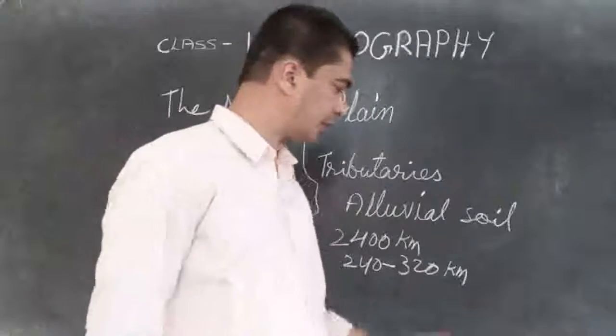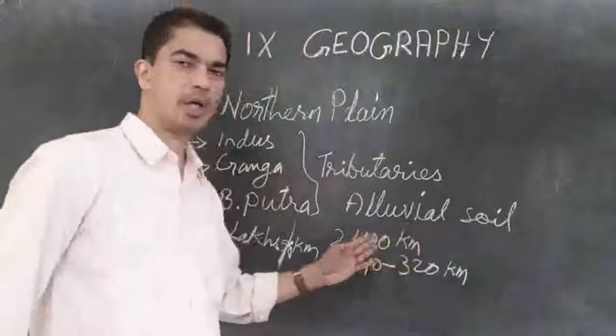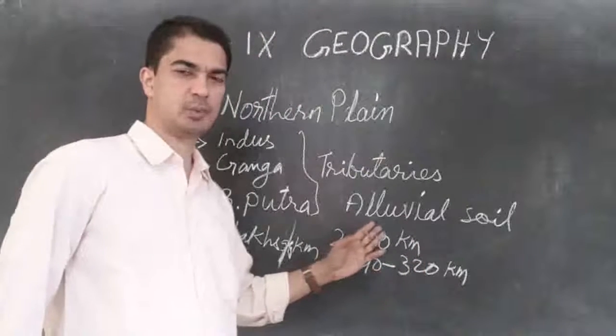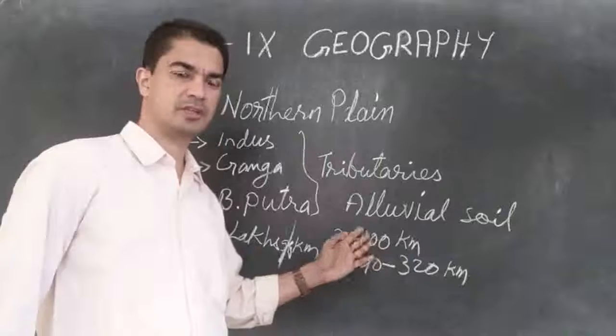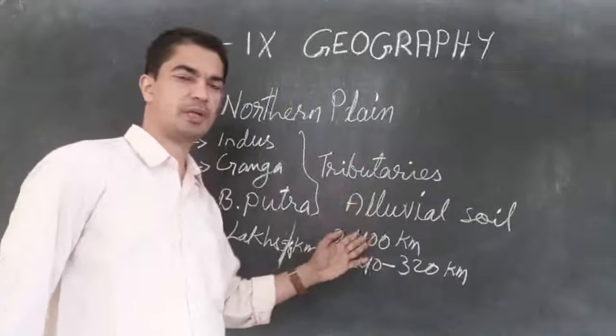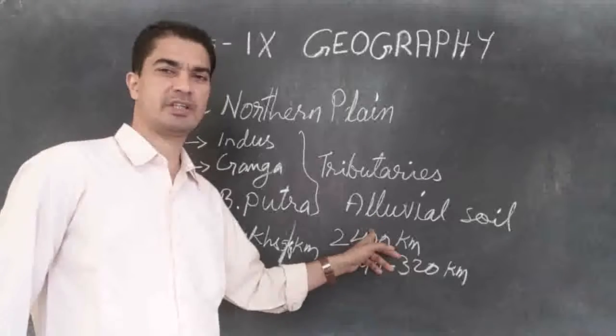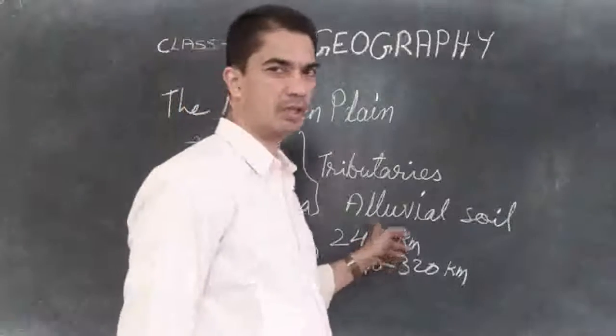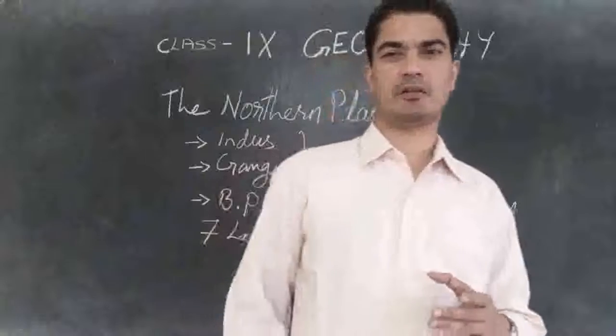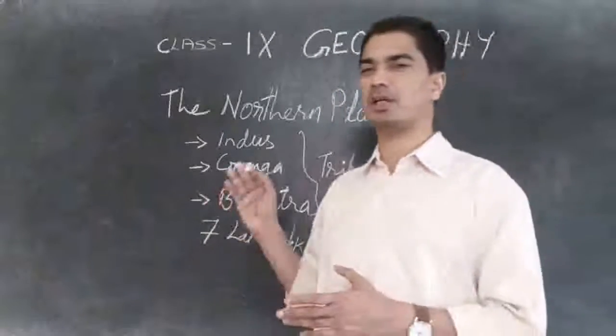So we say this area is very thickly populated. What is the reason? The area is very thickly populated because the soil is very fertile. I said in the beginning itself, the soil is very fertile, therefore every farmer wants to cultivate here.